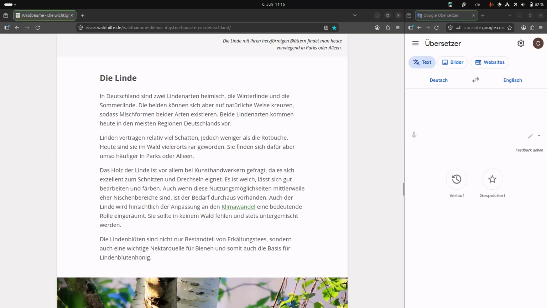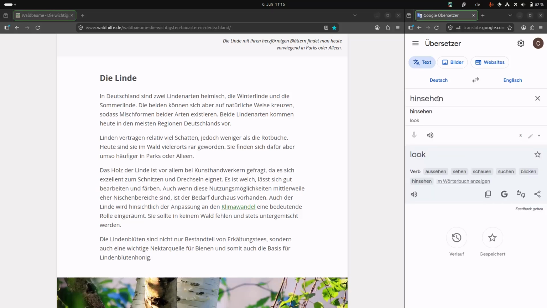Auch der Linde wird hinsichtlich der Anpassung an den Klimawandel eine bedeutende Rolle eingeräumt. To the, you could say, linden tree wird, is being, or will be, but in this case is being, hinsichtlich, which derives from the word hinsehen, look at something, especially like to intentionally look somewhere, hinsichtlich.